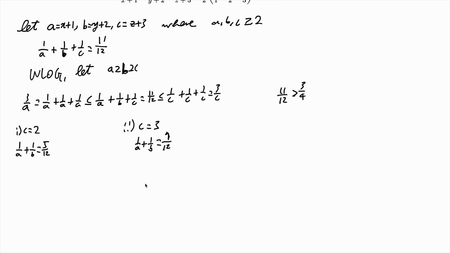And so we have 12 times a plus b equals 5ab, and similarly we have 12 times a plus b equals 7ab. Now I think we can use Vieta, but I don't think Vieta will be that helpful, because it's quite hard to determine all possible solutions here. So what should we do?